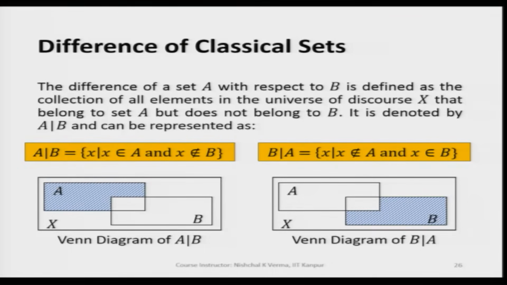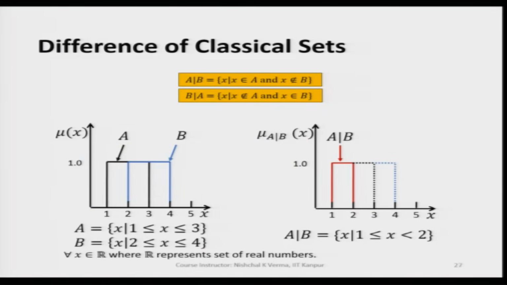So, we can see here in the Venn diagram that here we have the difference of A and B, and here we see the difference of B and A. Now, here we have another example to understand the difference of classical sets.